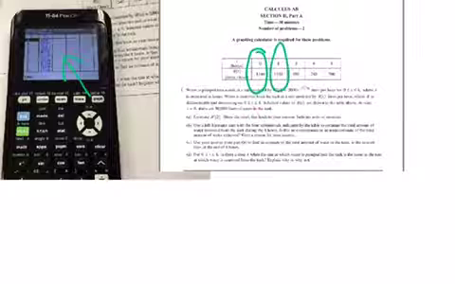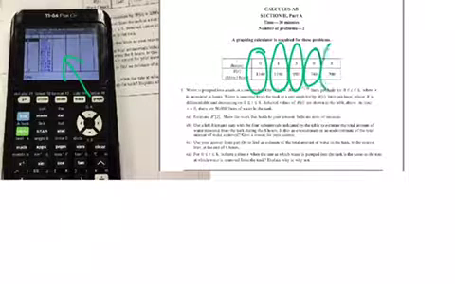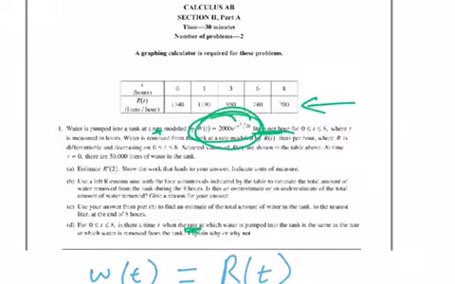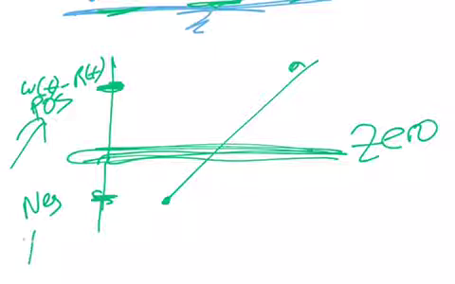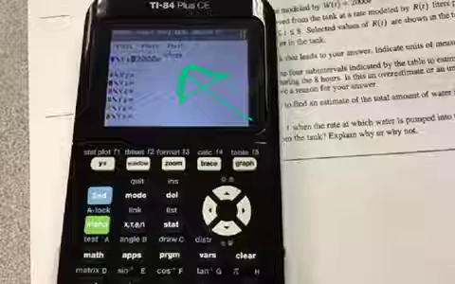Now keep in mind that we can subtract these R of t values. And what are we looking for? We're looking for a place where, when we subtract W of t minus R of t, we get positive and negative values. So let's see here.